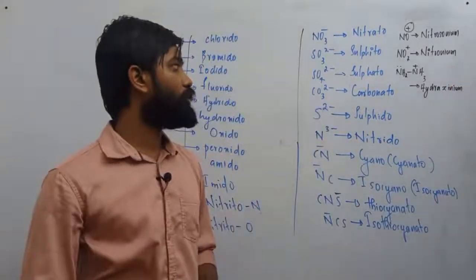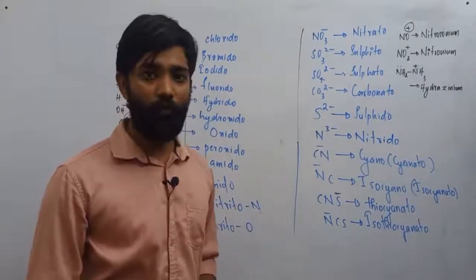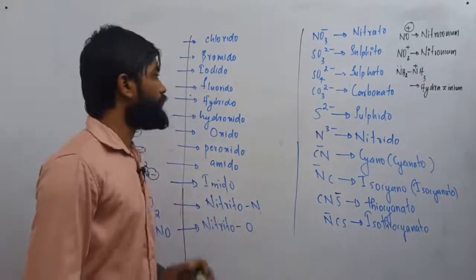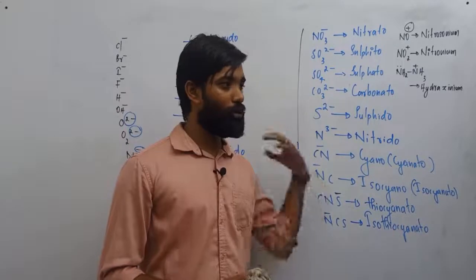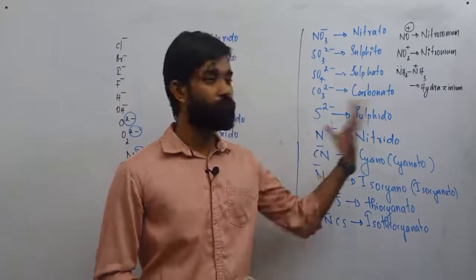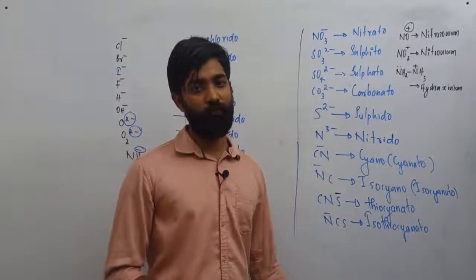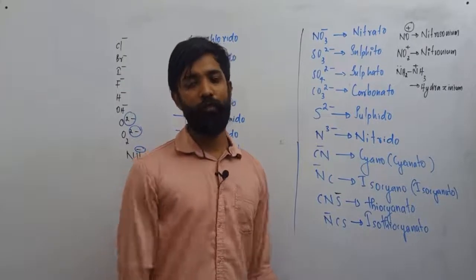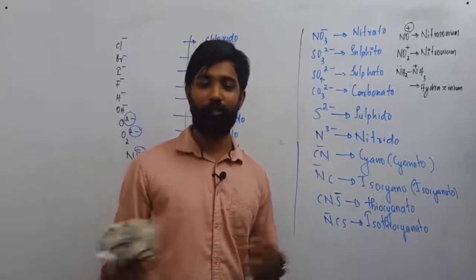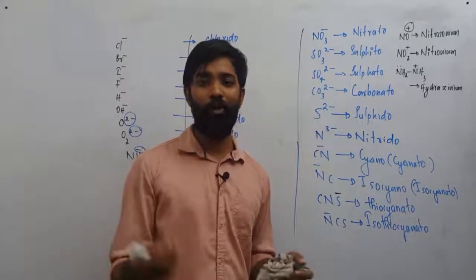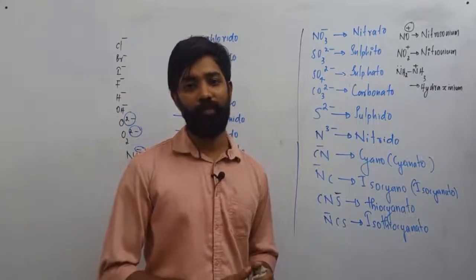Cationic ligands end with the suffix IUM. So these all are monodentate ligands: neutral, negatively charged, positively charged. Now we can discuss bidentate and polydentate ligands and special types like ambidentate ligand, flexidentate ligand, chelate ligand, etc.